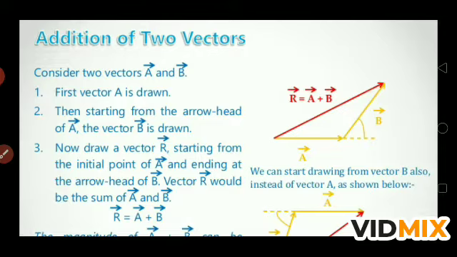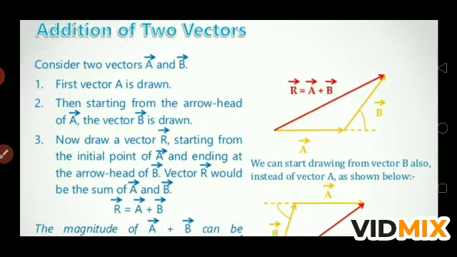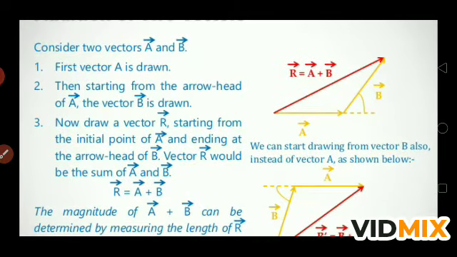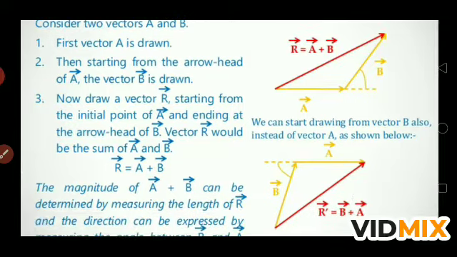Starting from the arrowhead of a, the vector b is drawn. Now draw a vector r. We have drawn the vector r from the initial point of a to the end point of b. That is r, which is drawn with the red line, and r is equal to a plus b. So this is the resultant.